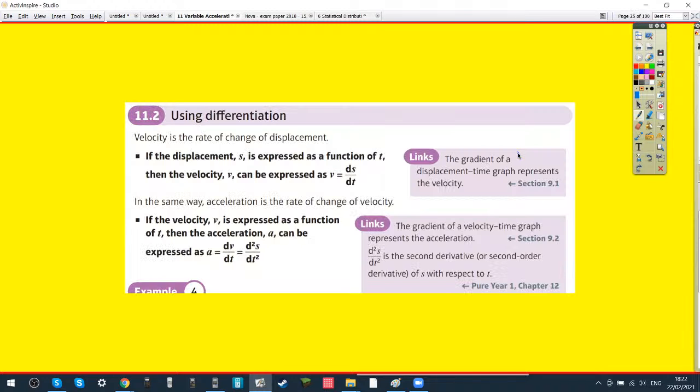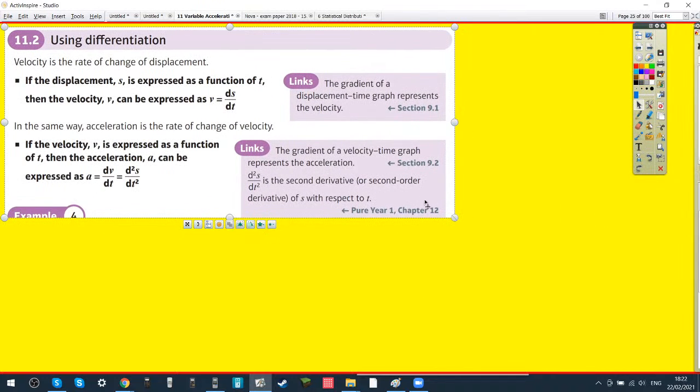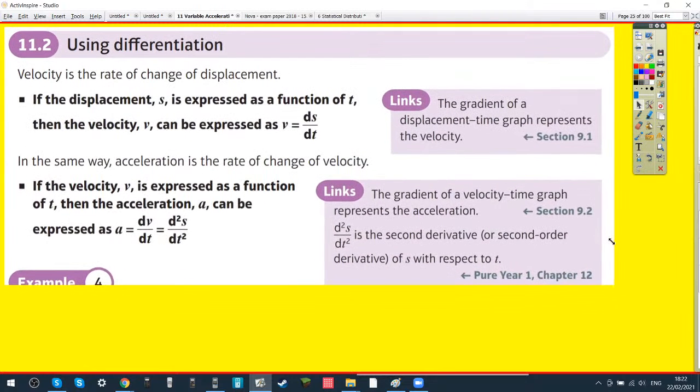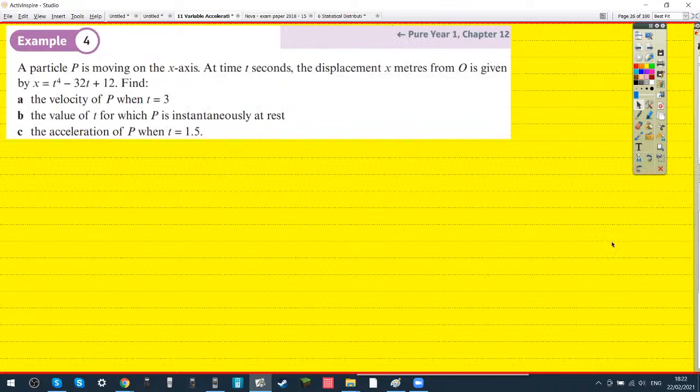That's done. Okay, using differentiation. What is this about? If you differentiate displacement, you get velocity. If you differentiate velocity, you get acceleration. Let's try it.